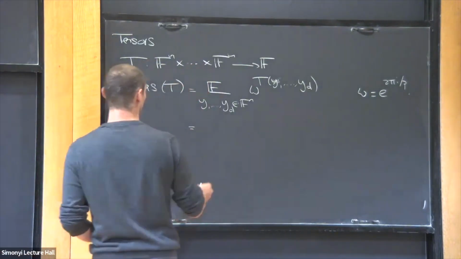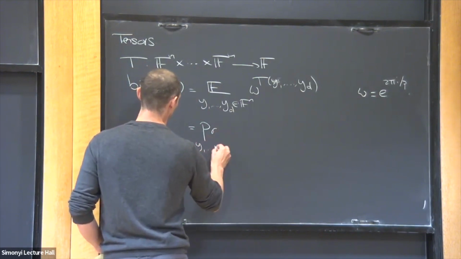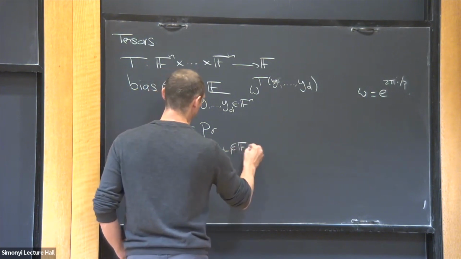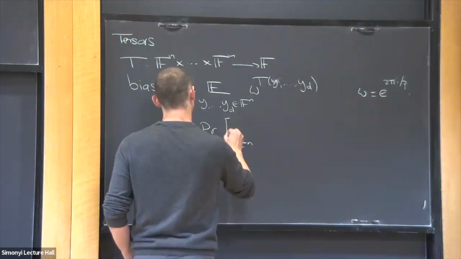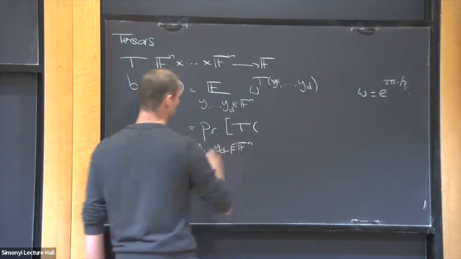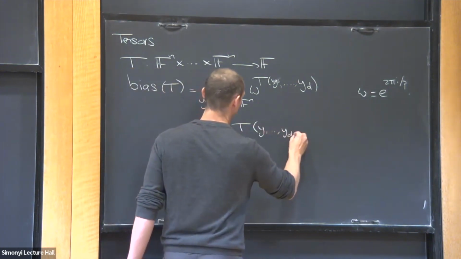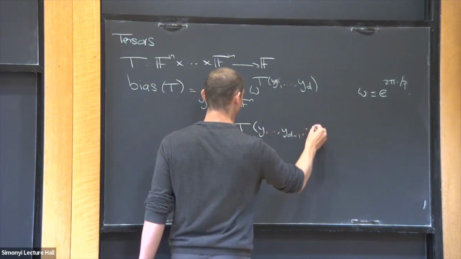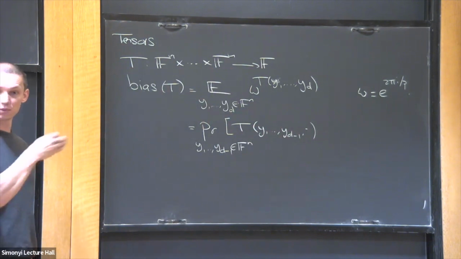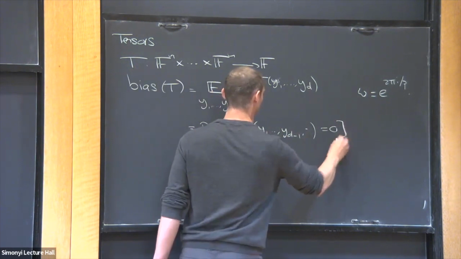This is equal to the probability taken over independent, uniformly distributed random vectors y1 up to yd that the polynomial map defined by t, which you get by feeding it only d minus 1 vectors and leaving the last coordinate untouched, so it spits out another vector, in this case n-dimensional, is equal to 0.